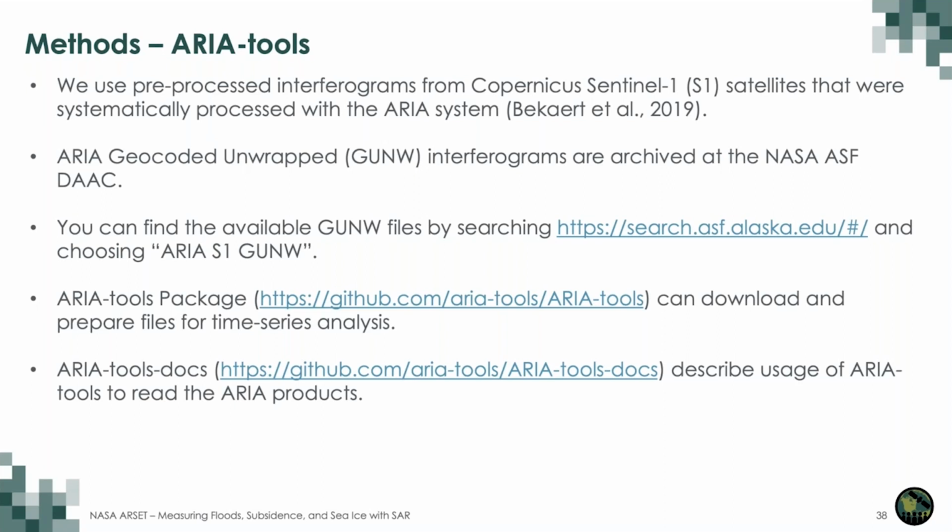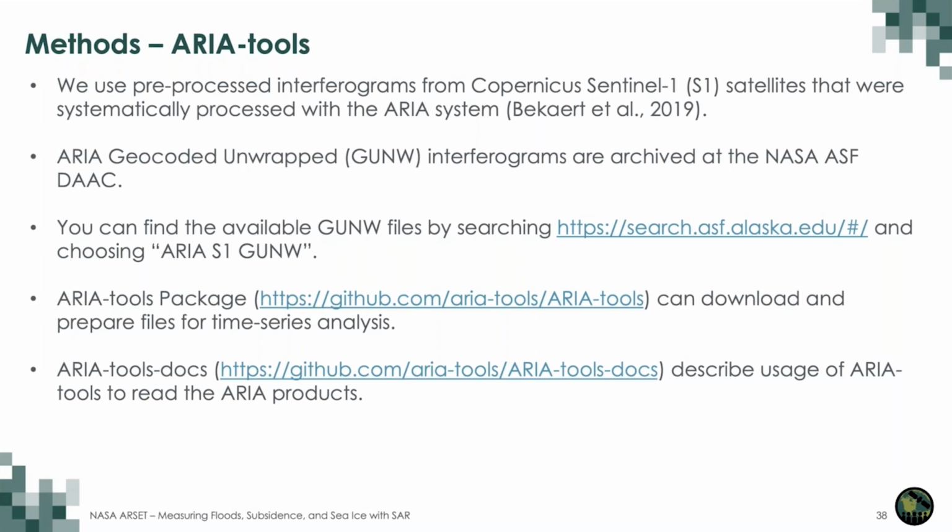And these are now archived at the NASA ASF DAAC. The data format of these interferograms is very similar to the unwrapped interferograms that are being processed for NISAR. So we feel it's very important for people to start using these to prepare for NISAR, but they're also useful in themselves.